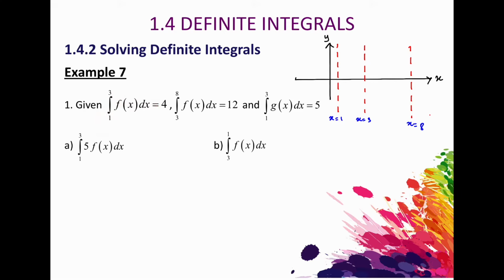So if we refer to the diagram here, in between 1 and 3 we don't know how the graph looks like, and we don't know whether it's above or below the x-axis, but we know that the value that we get, or actually the area that we get, is equal to 4.